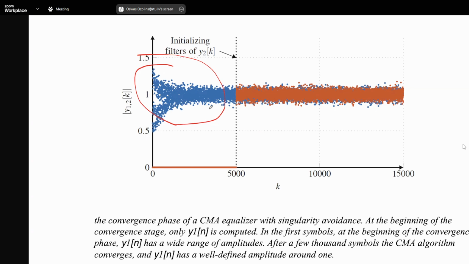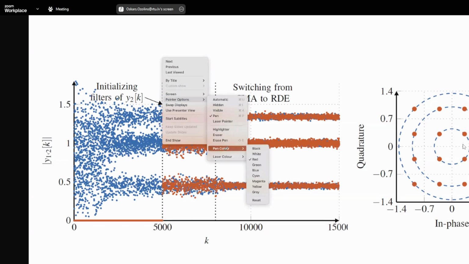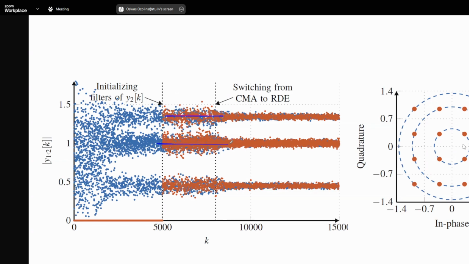This is the case for the CMA algorithm, and then you can also do it for 16 QAM, where you have a multimodulus algorithm. Then you switch this CMA algorithm to the different amplitude which is needed. For different symbols between three amplitudes, in the beginning you cannot distinguish where the amplitude is, and then you start to distinguish, okay, this is the state where we need to decide: is this amplitude, or this?